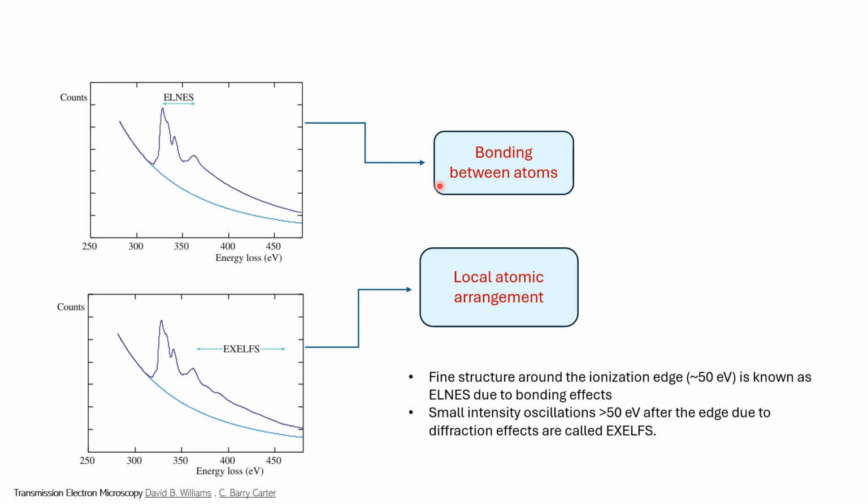This gives us the information about the bonding and charge state of elements. Now, at higher energy loss region, we can also observe small intensity oscillations due to the diffraction effects from the atoms surrounding the ionized atom, and this is called energy loss fine structure.